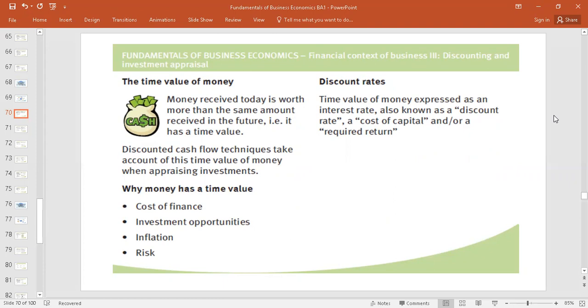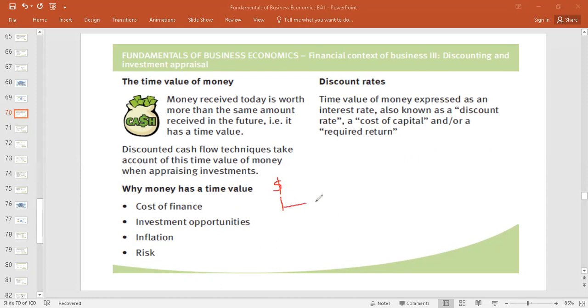What actually happened? There is one principle in economics, the discounting principle, which says that as the time passes by, the value of money decreases. So money received today is worth more.